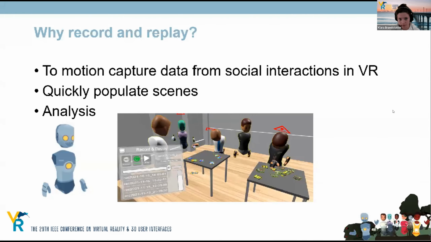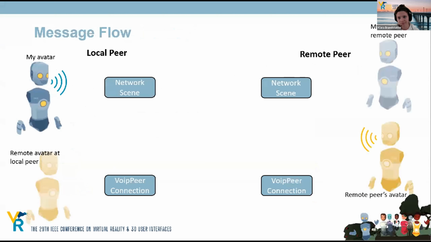But how does it work? So let's say we have me as a local peer, represented by the blue avatar, and I'm in a room together with a remote peer who is represented by the yellow avatar. The remote peer's avatar is also shown on my side, and my avatar is also shown on the remote peer's side.